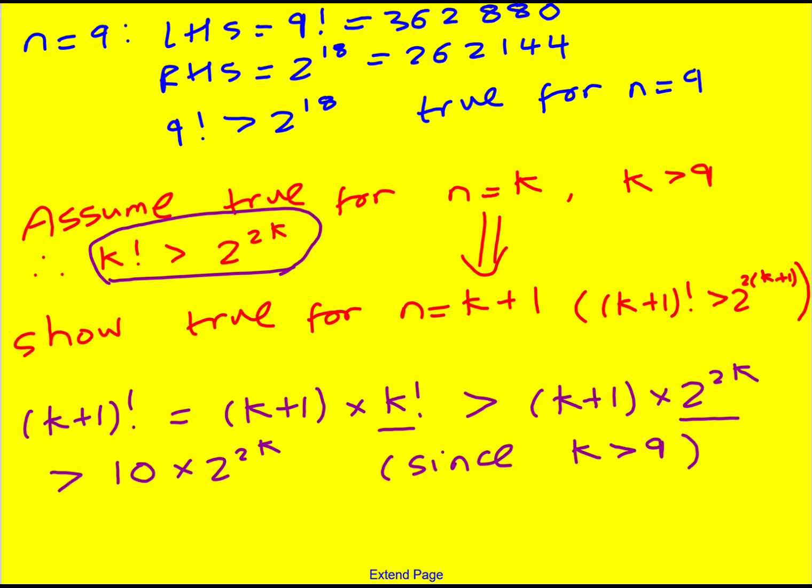Now, I just want to look at where I'm heading. I'm trying to get to here, which is actually 2 to the 2k plus 2. It's sometimes good to look at what you're trying to end up with and just kind of play around with that, because that would be 4 times 2 to the 2k. I'm kind of now going to do that backwards. So this is definitely going to be bigger than 4 times 2 to the 2k. That must be true.